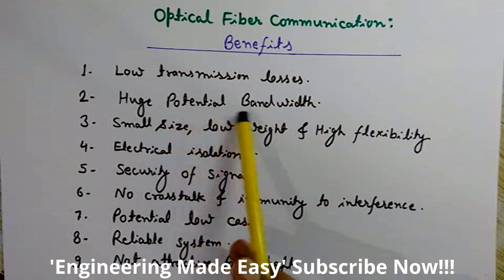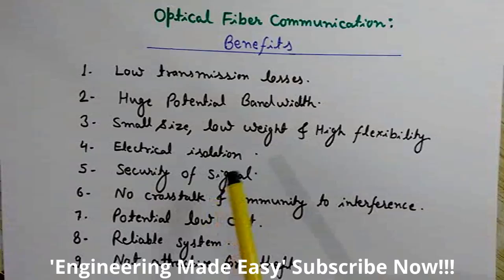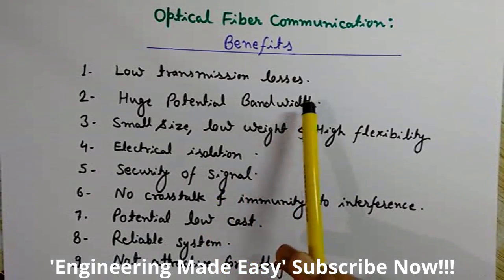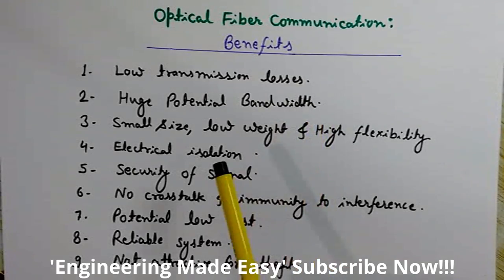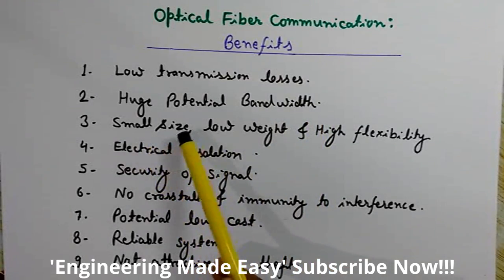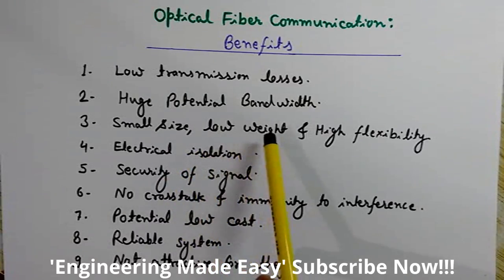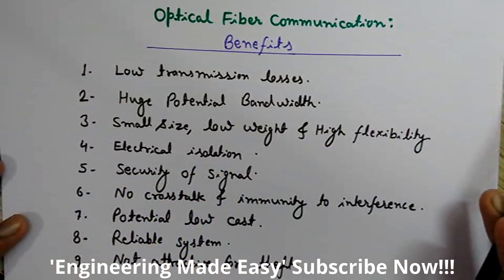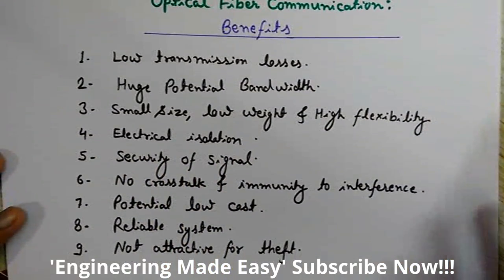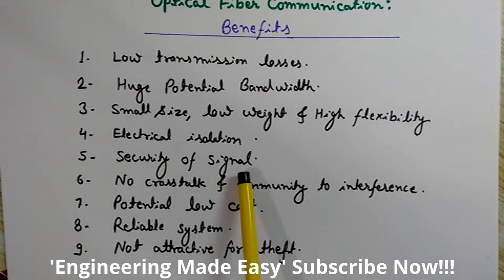Second one is huge potential bandwidth. The bandwidth offered by optical fibers is very large. Third one is small size, low weight and high flexibility. Fourth one, the electrical isolation. And fifth point is security of signal. The signal that we transmit through optical fibers is highly secure.